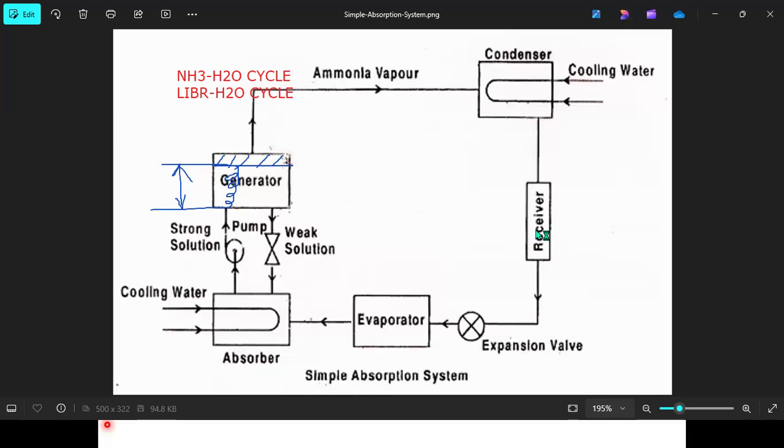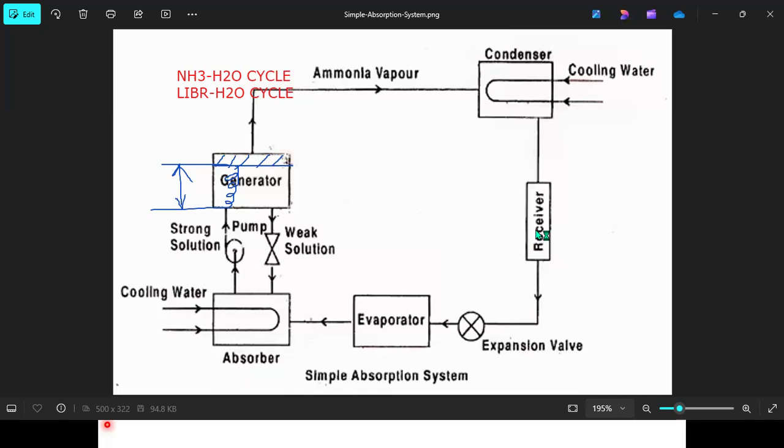Okay, now what will happen? Once the liquid ammonia is passed over to the evaporator coil, a small heat exchange will take place between the room air and the evaporator coil. That means gradually the temperature of the ammonia starts to increase, and it can reach the boiling point at this low pressure itself.